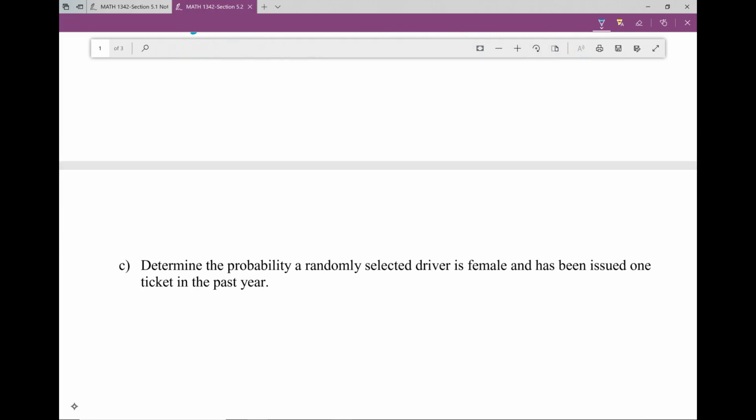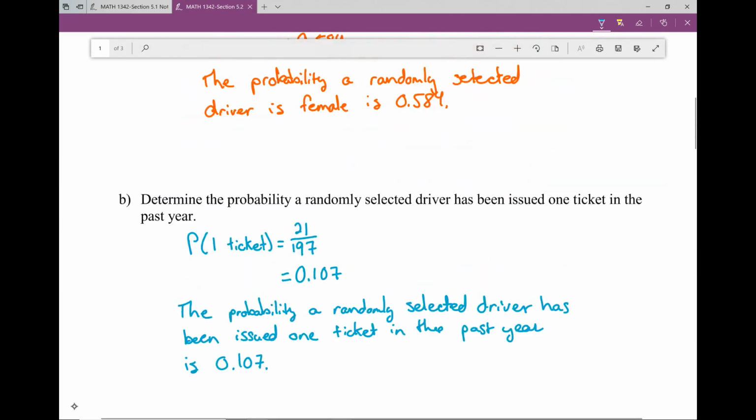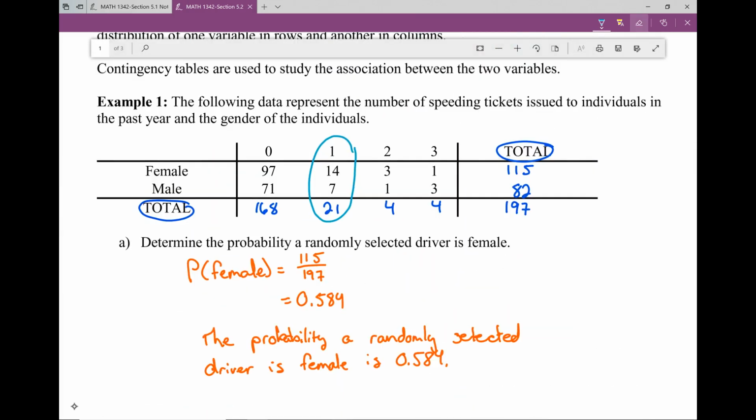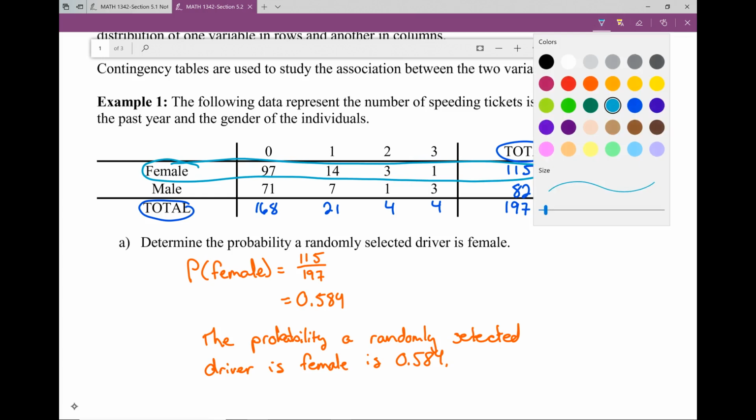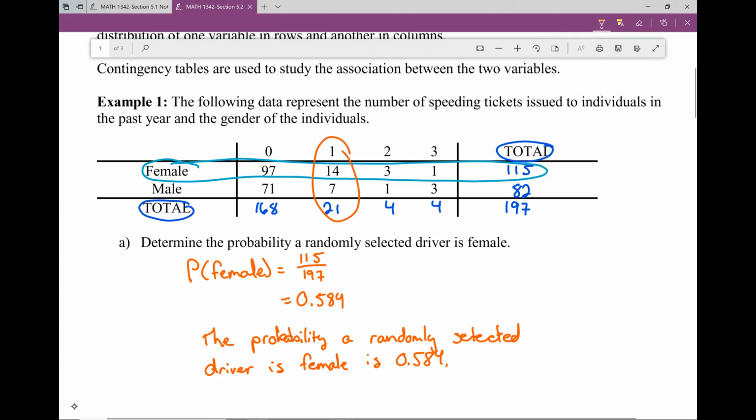Determine the probability a randomly selected driver is female and has been issued one ticket in the past year. So let's go back up to our table. And so we're looking at female right here. And we're looking at one ticket right here. What this shows me is where I'm looking at a contingency table, their intersection is the and portion.